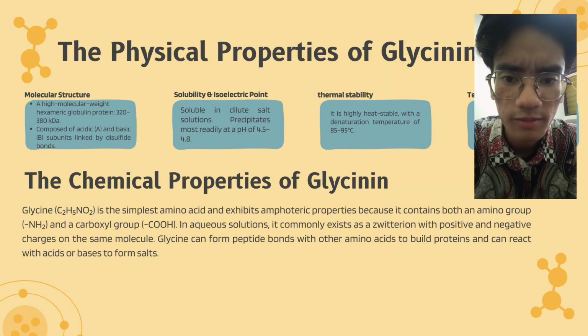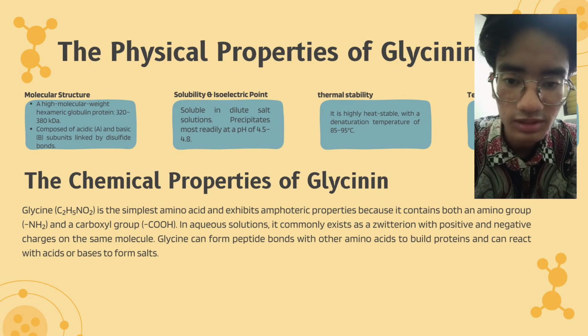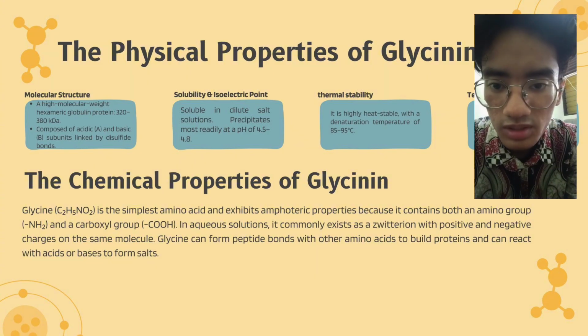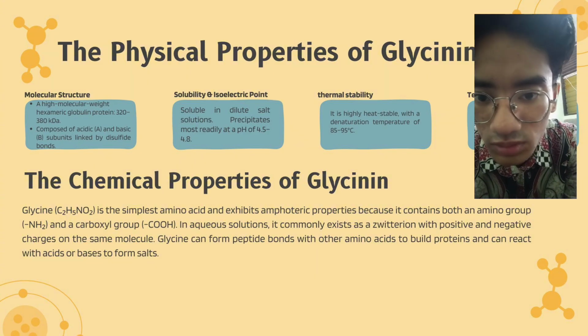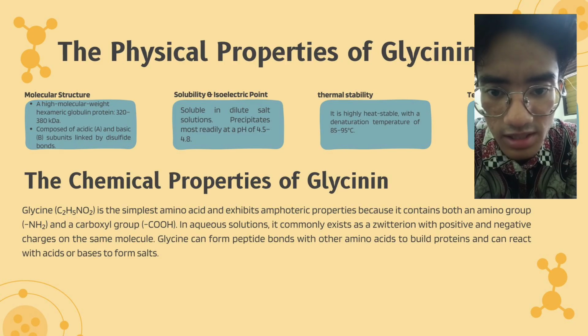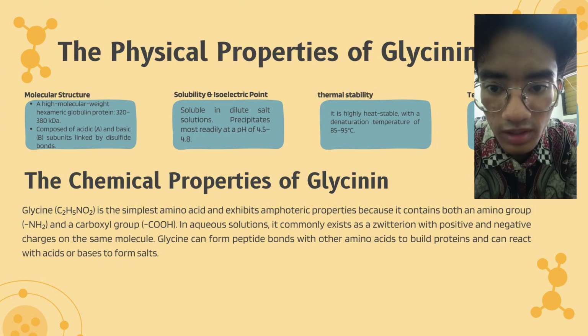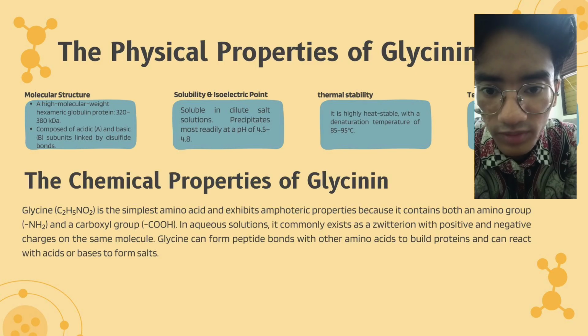Next is about the chemical properties of glycinin. Glycinins are rich in the chemical structure of C2H5NO2, the simplest amino acid, glycine, because it contains both an amino group, NH2, and a carboxylic group, COOH. In aqueous solutions, it commonly exists with positive and negative charges on the same molecule.